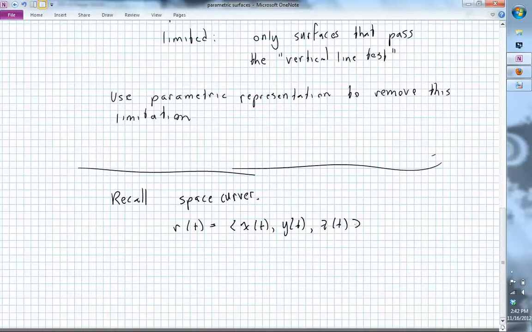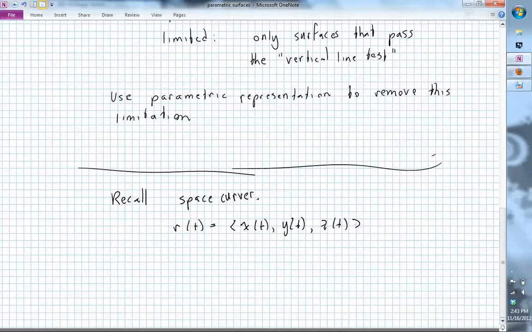I know it's been a while since you thought about this, but what kinds of geometric figures could you trace out with this? Well, you would trace out essentially trajectories. Like, you would imagine a little particle moving through space, and the trail of that particle would be one of these space curves.